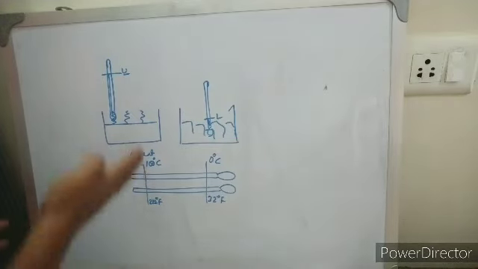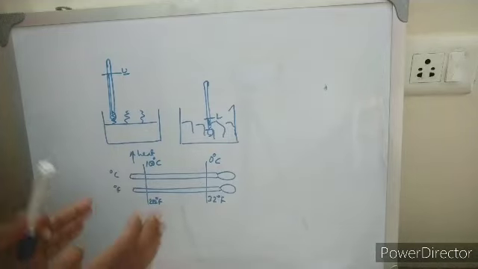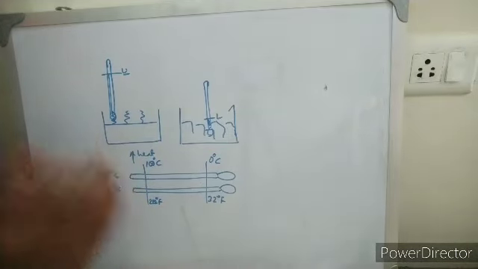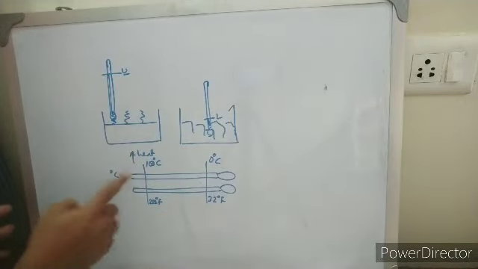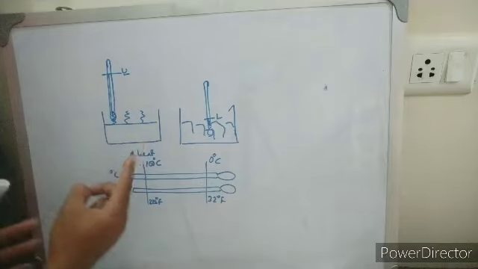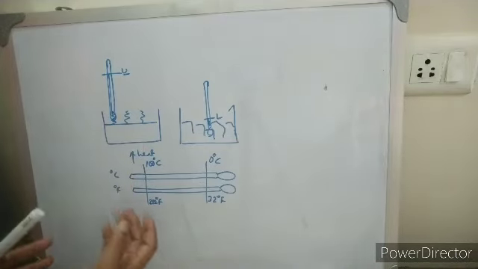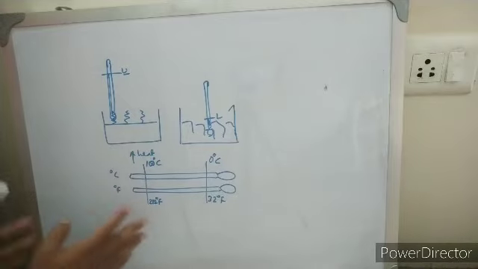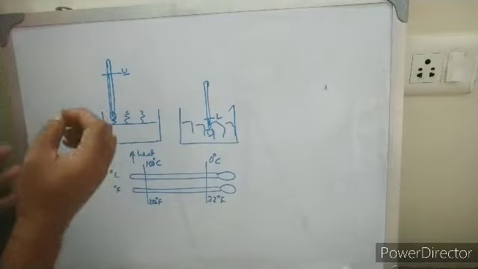Again, the boiling point of the same water is definitely the same temperature. It is expressed as 100 degree centigrade in Celsius scale, and 212 degree Fahrenheit in Fahrenheit scale. Though they are different in number, their temperature is the same.